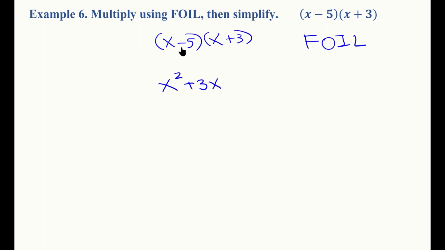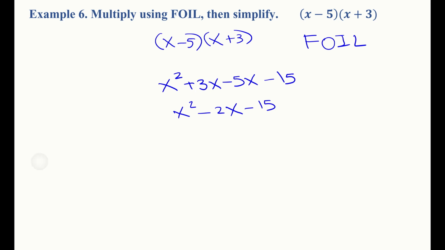Then we do the inner product, which is going to be this, which is what? Negative 5x. And then the L, which is the last term times the last term. So negative 5 times positive 3 is negative 15. So we get x squared minus 2x minus 15.